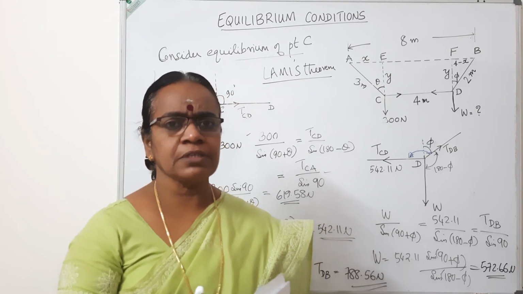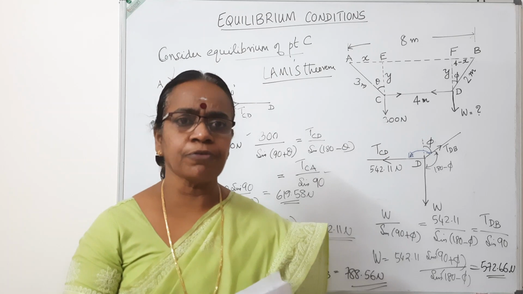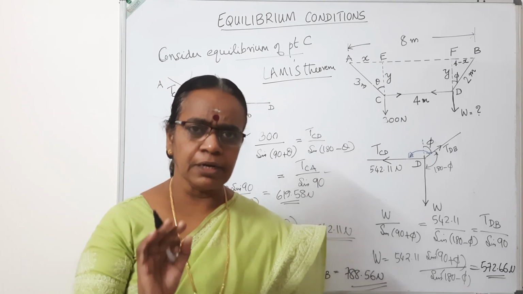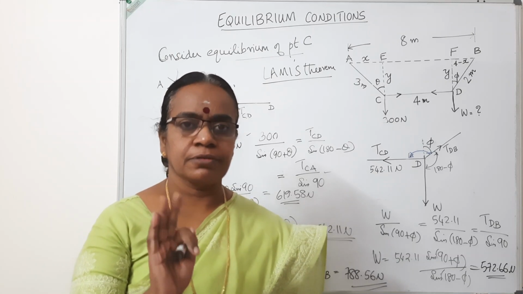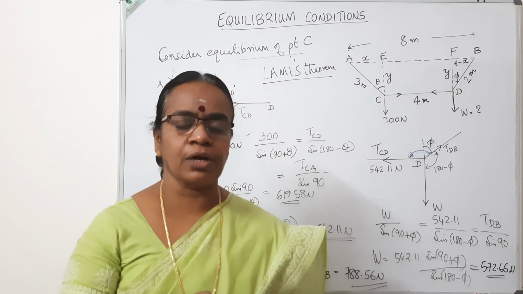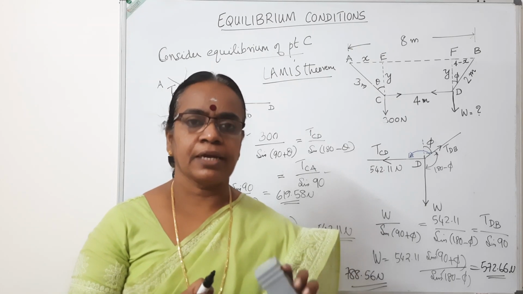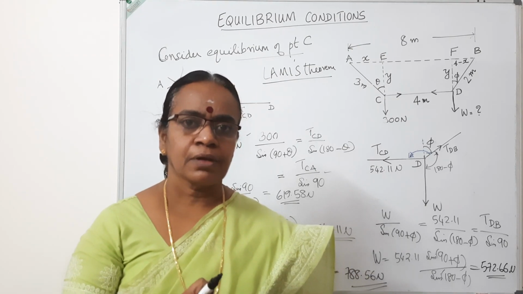So there are two different methods I have discussed. Whichever is easier for you, you can follow. But remember, Lami's theorem is applicable only if it is three forces. If more forces are acting at a joint, we can only resolve them and apply sigma fx equal to 0 and fy equal to 0.